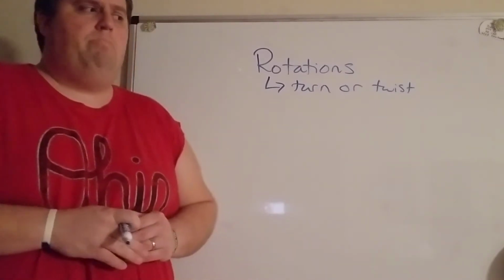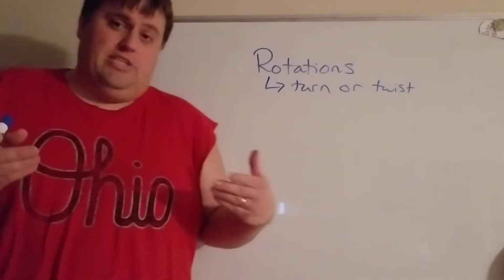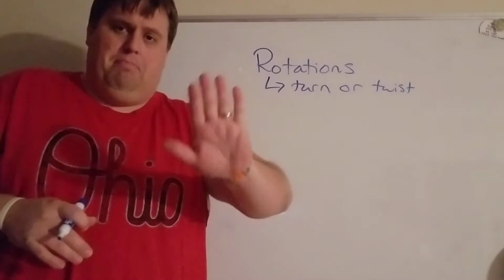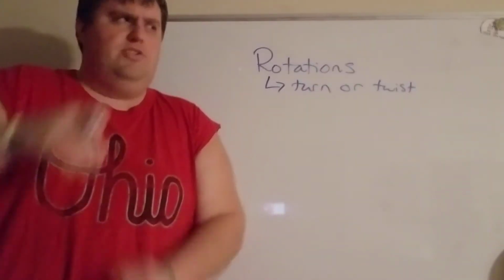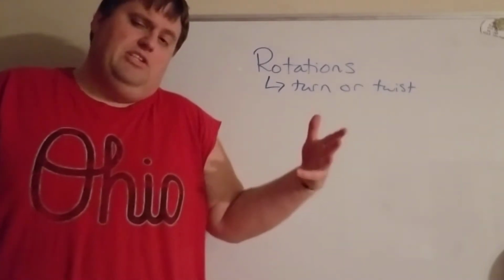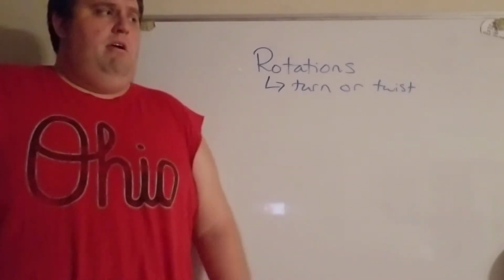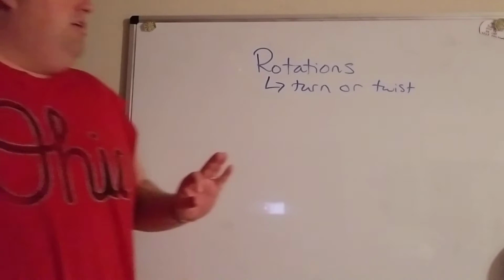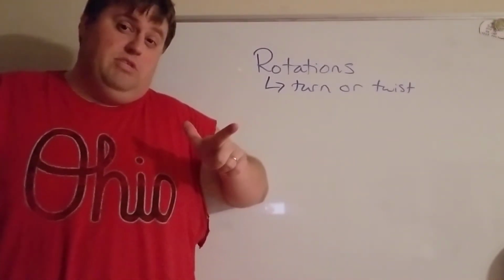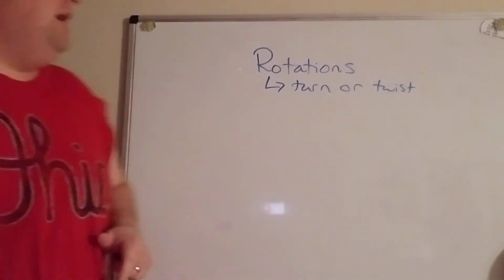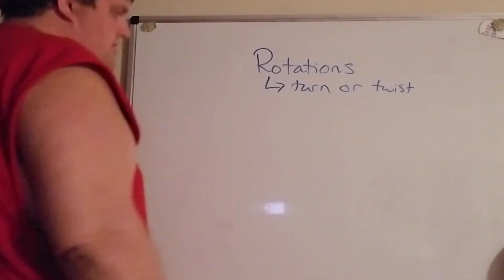What's really cool is on the test, usually we have paper that you can just trace and then you can actually rotate it. So it'll help you figure out where it would be. But really, we just need to be able to recognize a rotation and describe a rotation. So those are the two things.